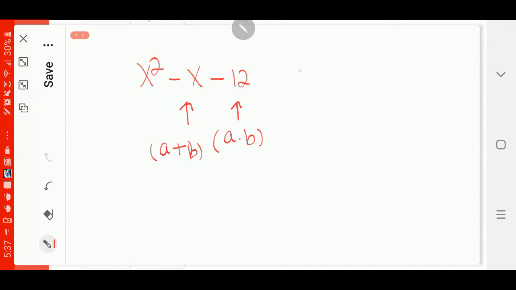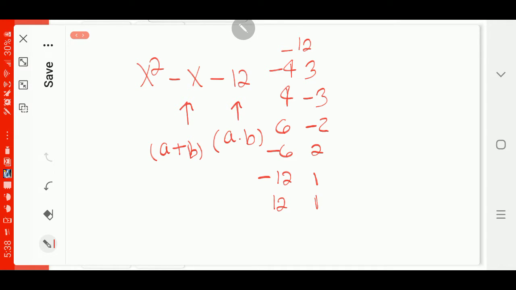So that would be -4 and 3, then 4 and -3, 6 and -2, -6 and 2, -12 and 1, and then 12 and -1.